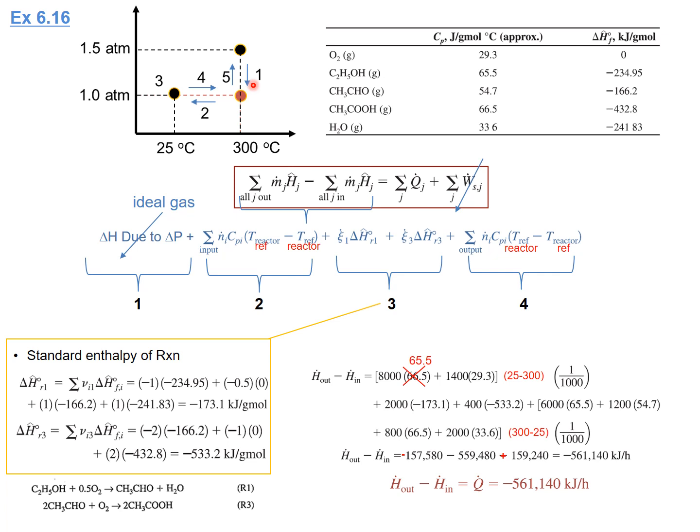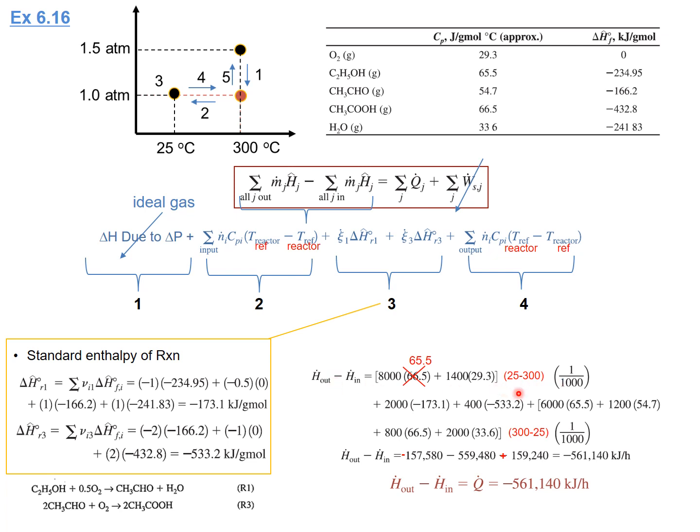Okay, so by using these equations, you could calculate the H out minus H in like that. Let me check the detail. This first one is about the molar flow rate and the heat capacity with the temperature difference for the other components in the input part.